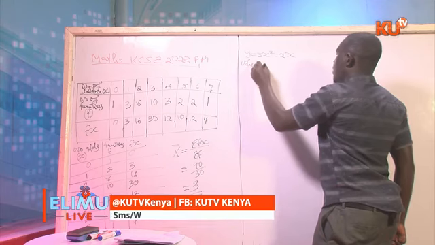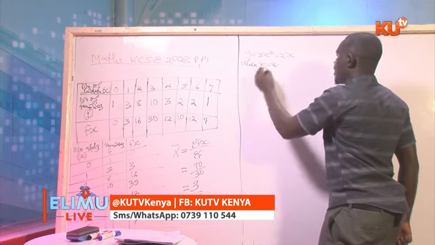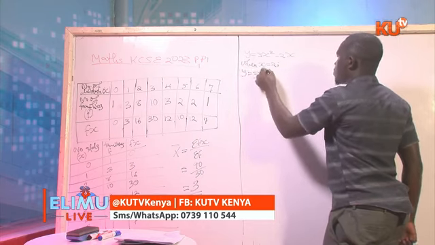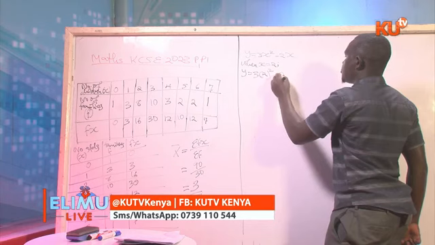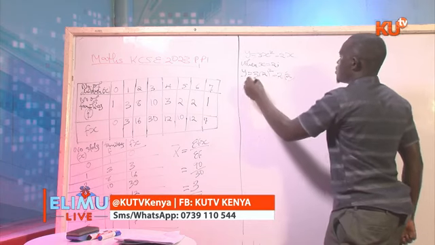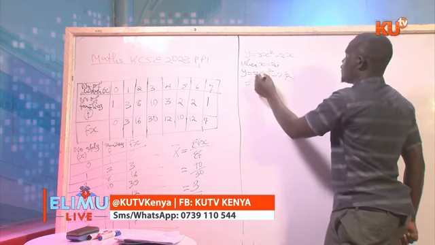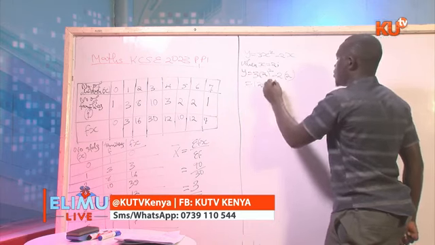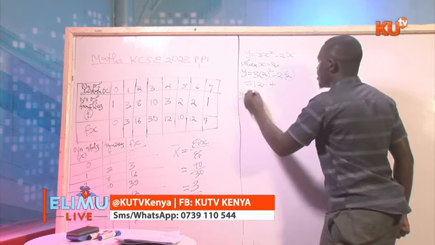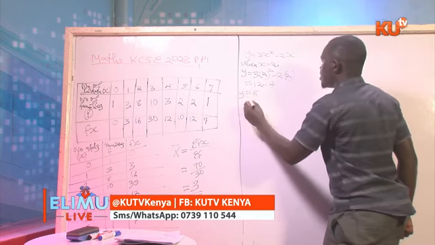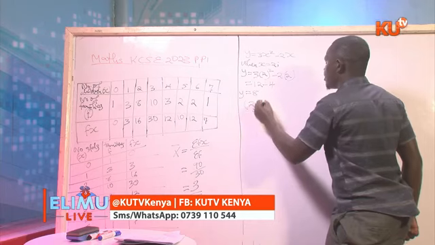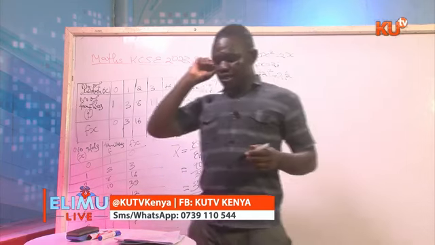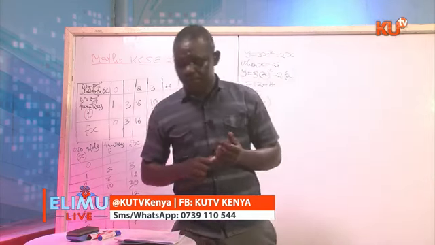So, when x equals to 2, therefore it means y should be equals to 3 into 2 squared minus 2 into 2. So 2 squared is 4. 4 times 3 is 12 minus 2 into 2, which is 4. So you'll be getting y as 8, meaning that point in coordinate form is (2, 8). That is the point. Now, after that, you are told to get the equation of the normal.